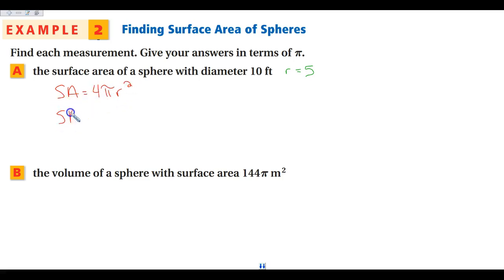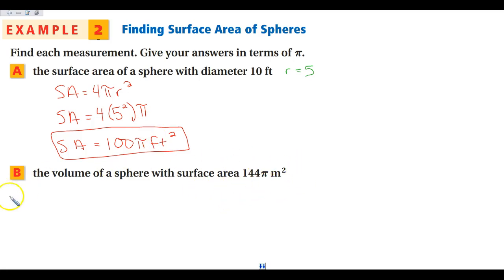So I'm just going to plug in what I know. My surface area is 4 times 5 squared times pi. 5 squared is 25 times 4 is 100. So this is going to be 100 pi feet squared, because again, it is area.